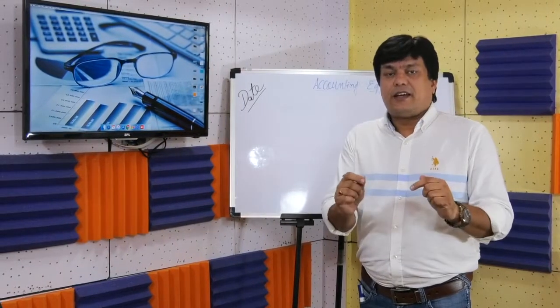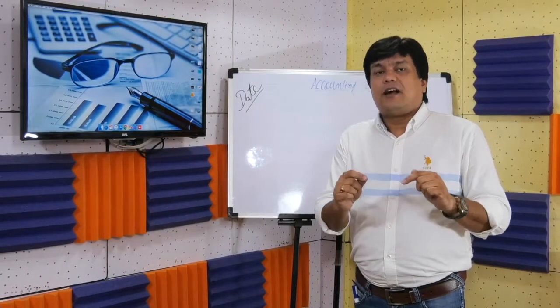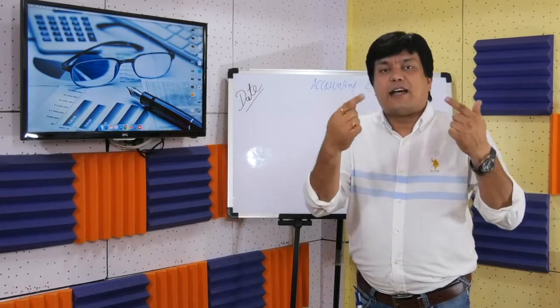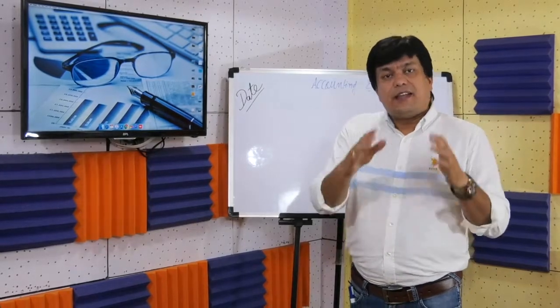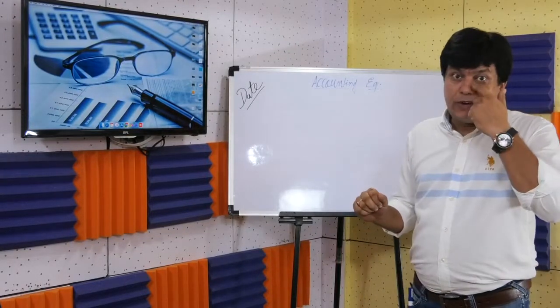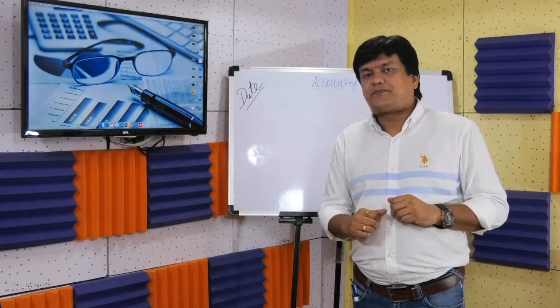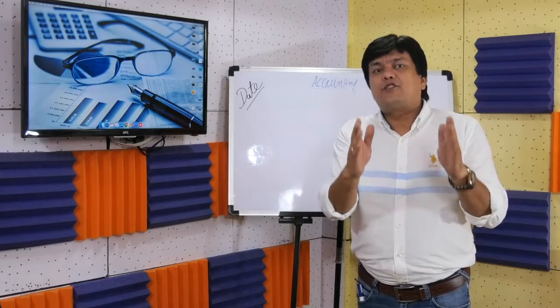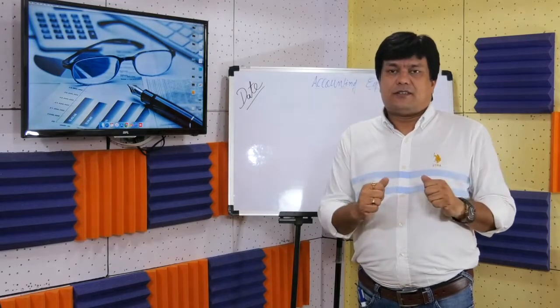Today we will learn how to identify the aspects from the transaction, and then we move on to the accounting equation. So my first explanation will be on aspects of the transaction.